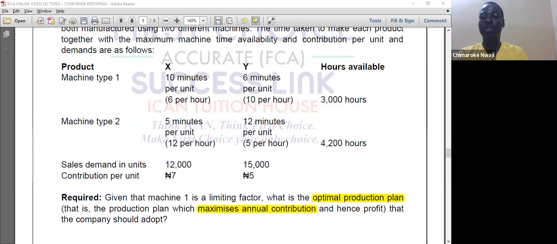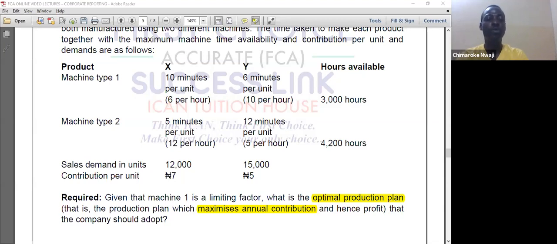But your contribution per unit is still there. So all you need to do is take the 15,000 you've gotten so far, times 5 naira per unit. Your contribution gives you 75,000 naira. That is the total contribution you are making from product Y.